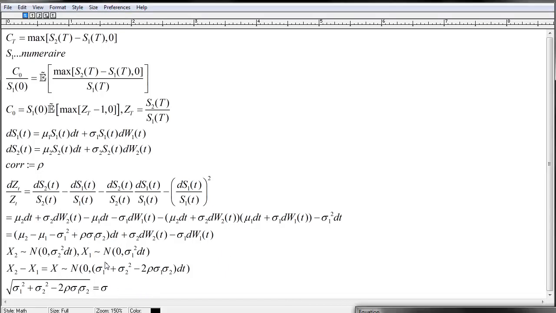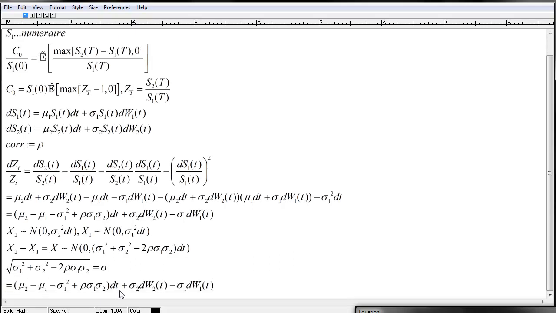Okay, so knowing this, we can create an artificial new Brownian motion expressed in terms of this sigma. So instead of this, we just use sigma times the differential of the Wiener process. Okay, so those guys are substituted with this expression.